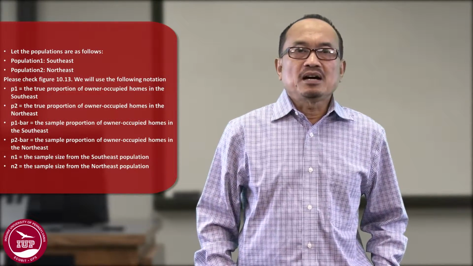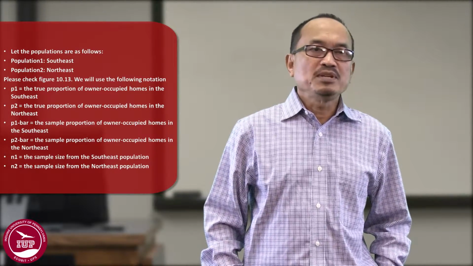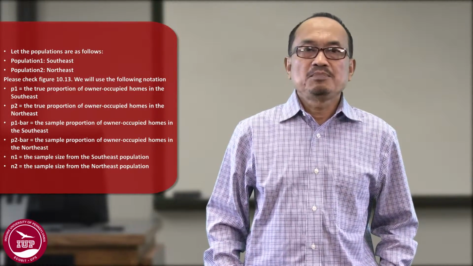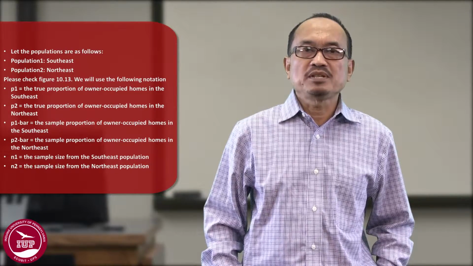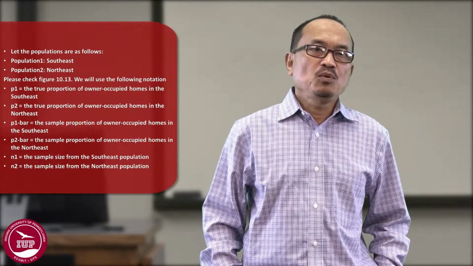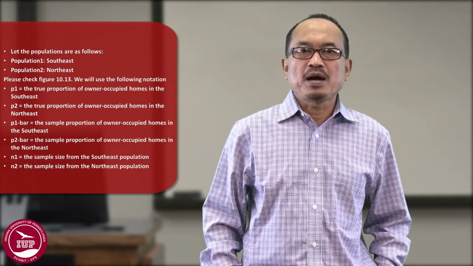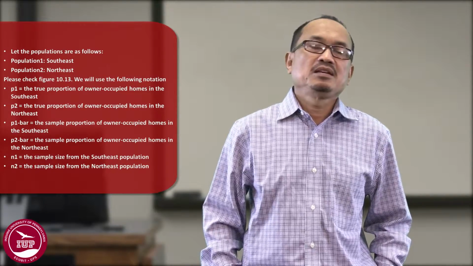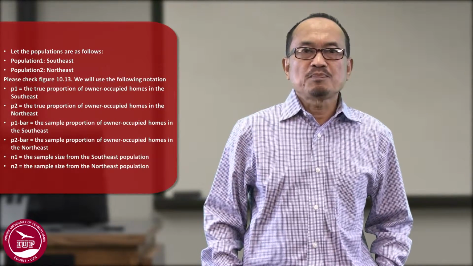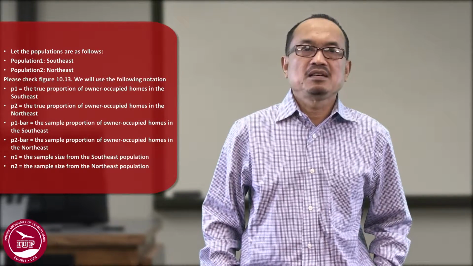Let the populations be as follows. Population 1, Southeast. Population 2, Northeast. Please check figure 10.13. We will use the following notation. P1 is the true proportion of owner-occupied homes in the Southeast. P2, the true proportion of owner-occupied homes in the Northeast.